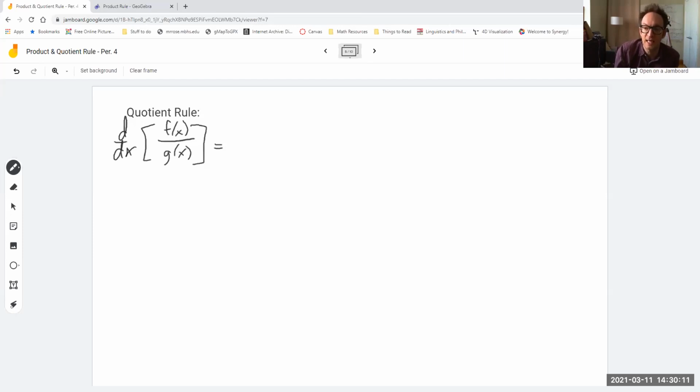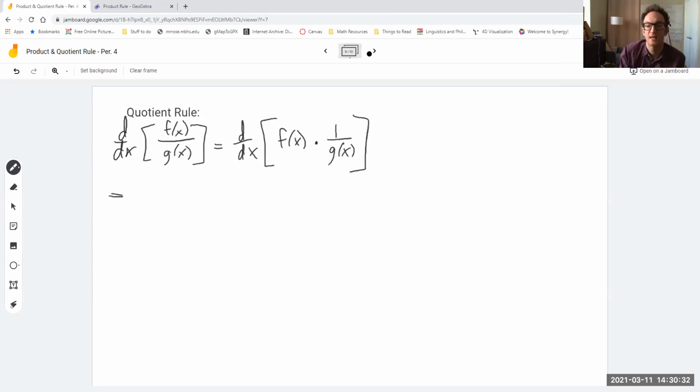Or I could just accept that there's no such thing as division, and division is just multiplication by the reciprocal. So f divided by g is really f times 1 over g. And so really quotients are just products. And so having already put all this effort into understanding and proving the product rule, let's just apply the product rule here.